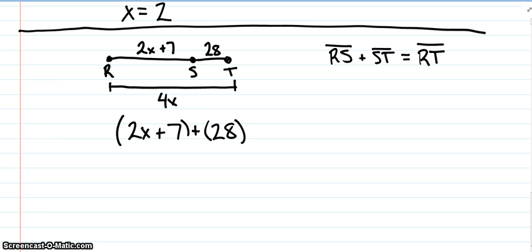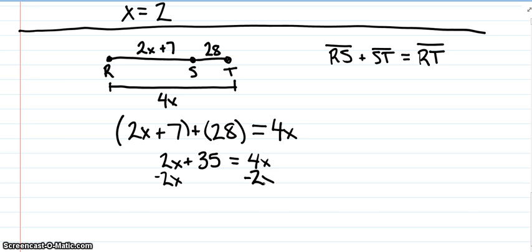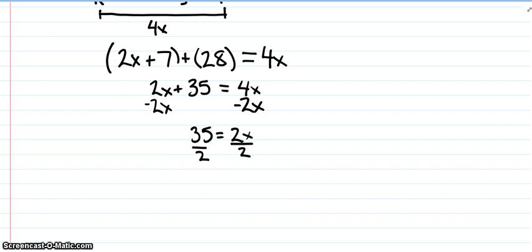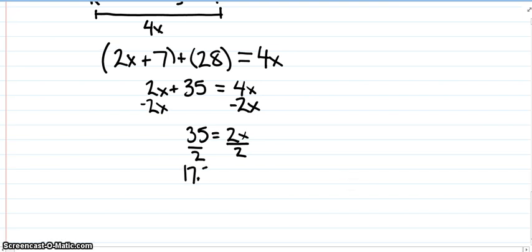So, we can solve this with our algebra skills. 2x plus 7 plus 28, we can combine like terms, and we're going to get 2x plus 35 equals 4x. We'll subtract 2x from both sides. We're going to get 35 equals 2x. And we'll divide by 2 on each side. And we're going to get that 17.5 equals x.